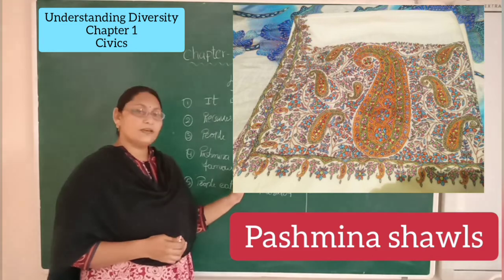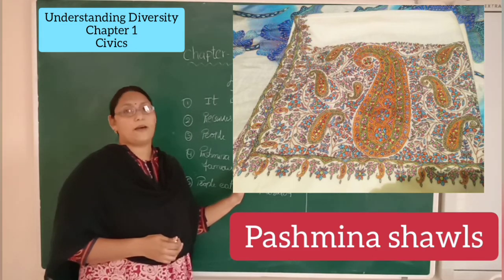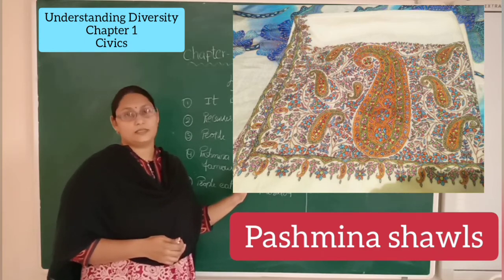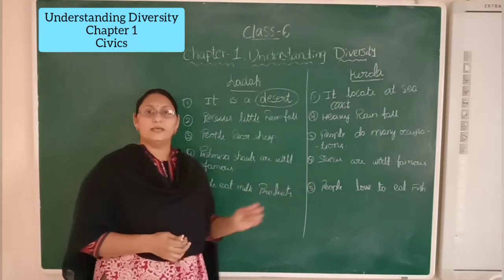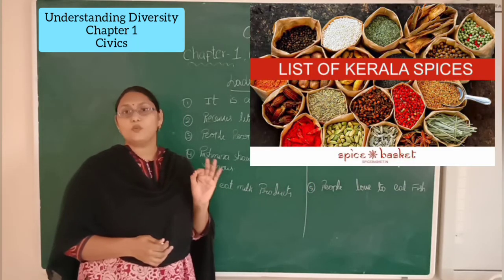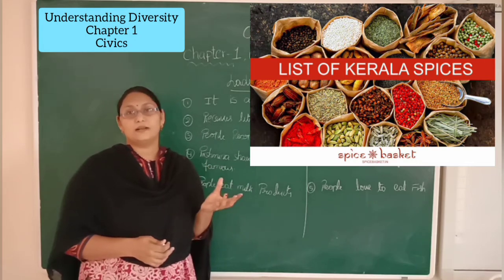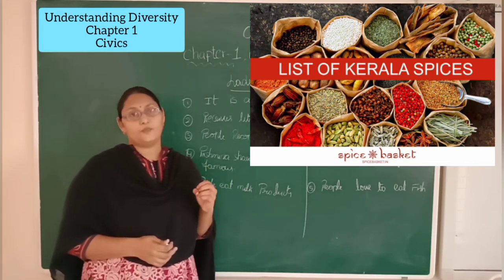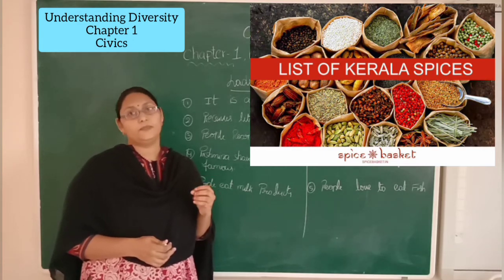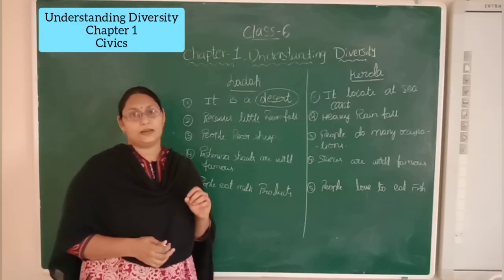So the shawls from Ladakh are world famous for their finest superior quality. Those are Pashmina shawls. And the next one, the spices in Kerala are world famous. The high quality spices are there in Kerala. Those are world famous spices like cardamom and cinnamon and so on.